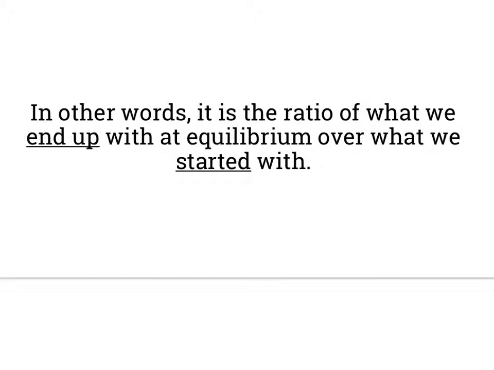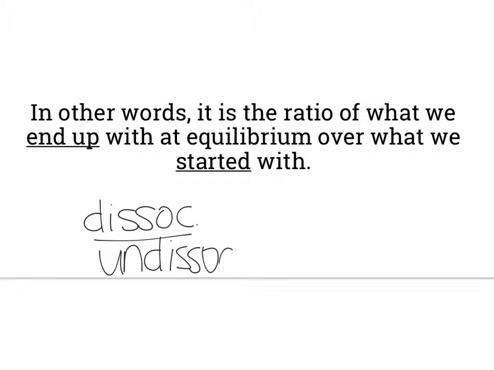In other words, it is the ratio of what we end up with at equilibrium over what we started with. So it's dissociated over undissociated, or what we end with over what we start.